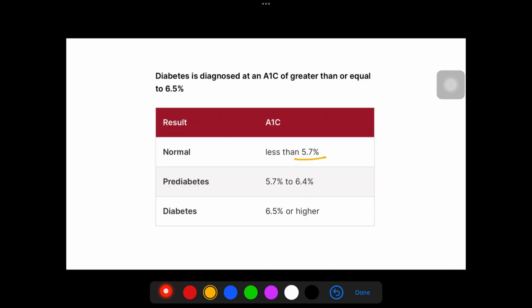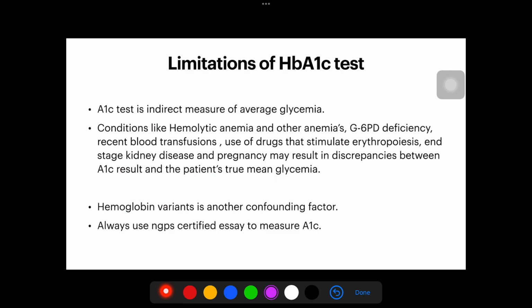Normal HbA1c values are less than 5.7. When the value is between 5.7 to 6.4%, we term it as pre-diabetes or IGT, impaired glucose tolerance. When the value is 6.5% or higher, we term it as diabetes mellitus.